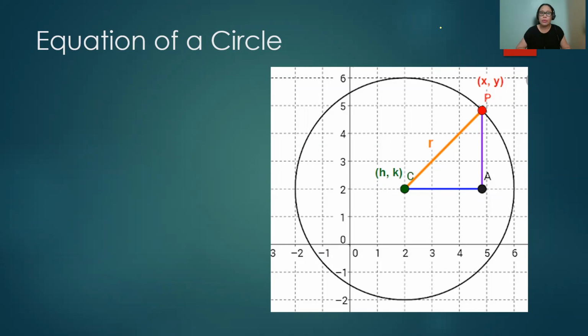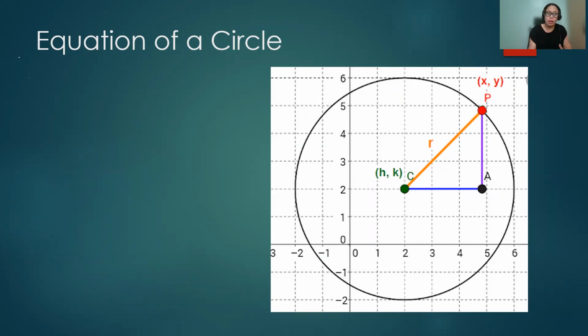Now, using the distance formula, we're going to derive a formula for the equation of the circle by working on r here. As you can see, this is a right triangle. So we can solve for the distance r, which is also the radius of circle C, using the distance formula.